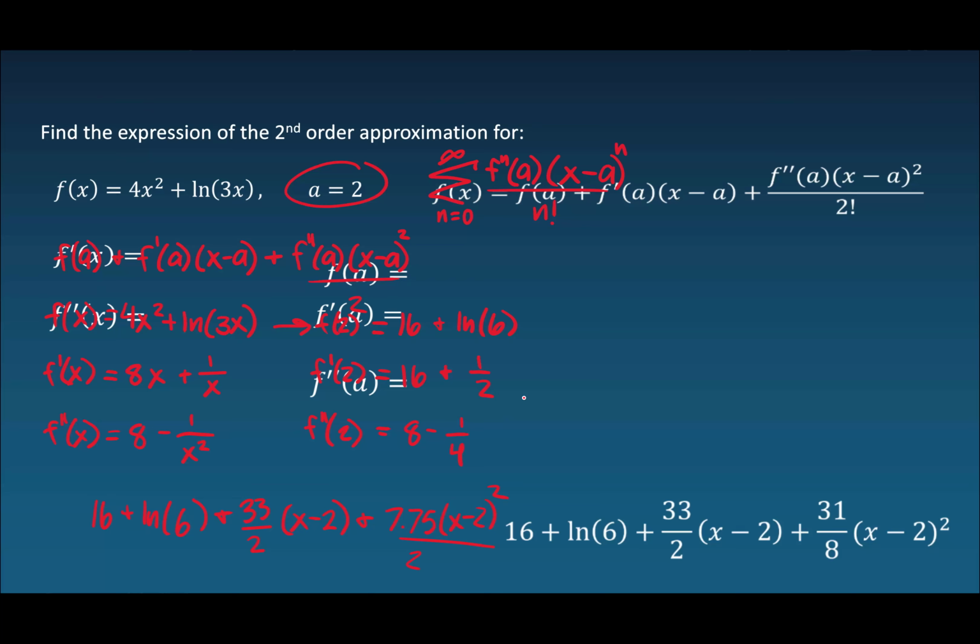Is that 0, like when n equals 0, or is that just 1? It said to write the fifth Taylor polynomial.